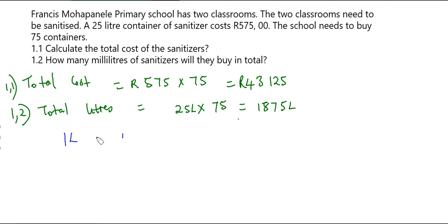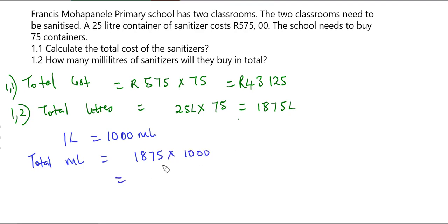1 liter is equal to 1,000 milliliters. Okay, so if it's 1,000 milliliters, we know that we are coming from a big unit to a smaller unit. What must we do? We multiply. So total in milliliters is going to be equal to 1,875 times 1,000.